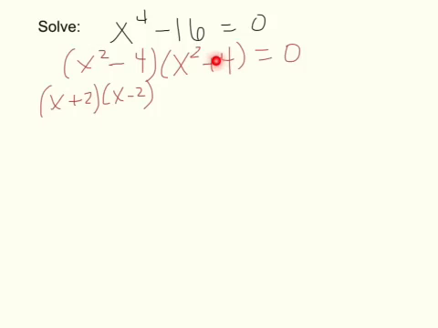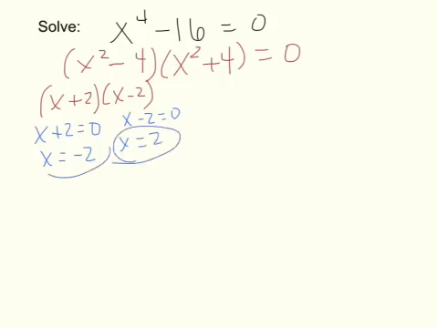This I would try, but it doesn't factor. So I'm going to go ahead and set these two factors equal to 0 so I can find what my roots are there. And I end up with x at negative 2 and x at positive 2. So I have 2 real roots here. This doesn't factor, so we can use the quadratic formula.